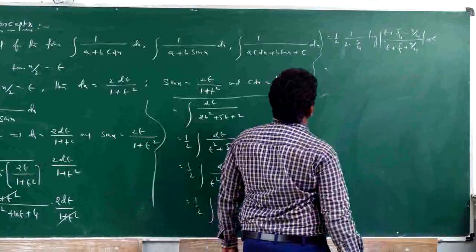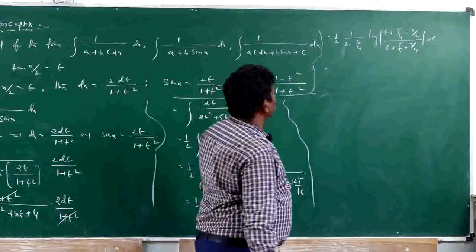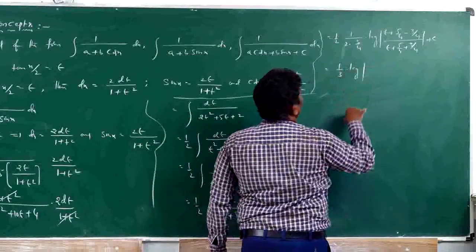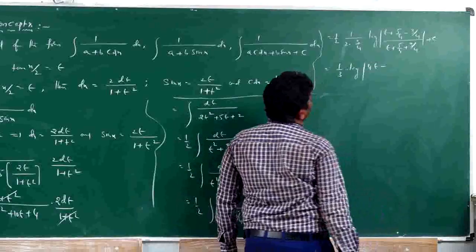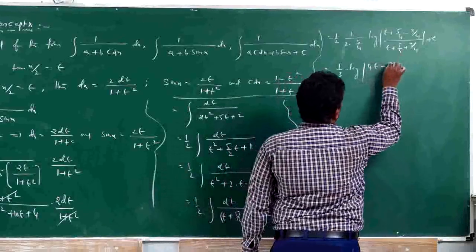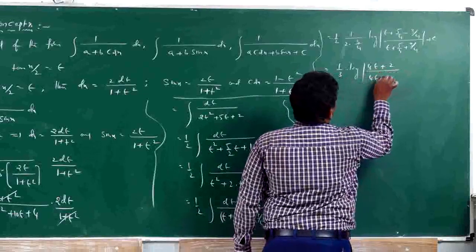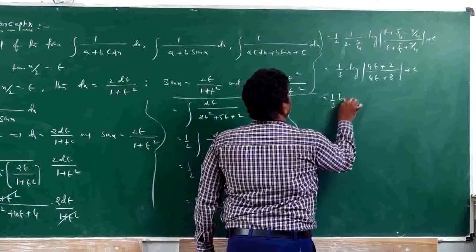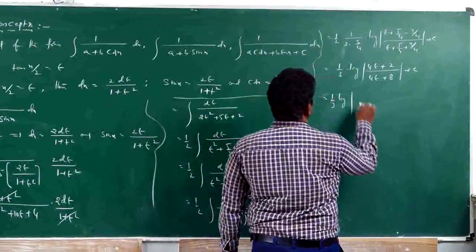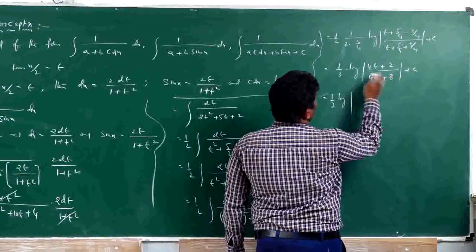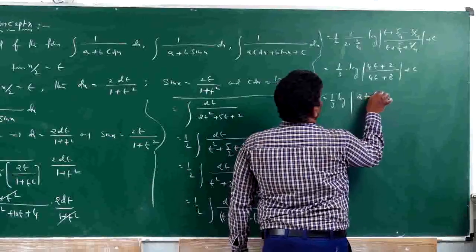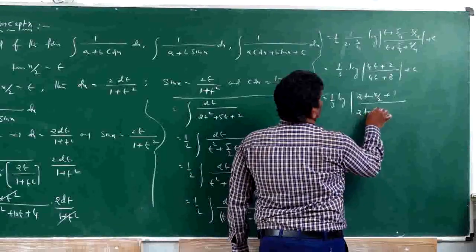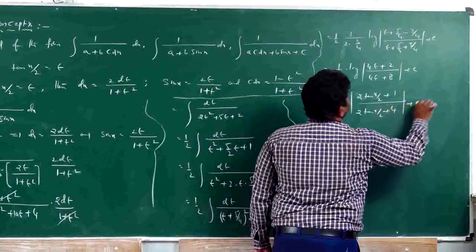That is 1 by 3 into log of (4t plus 5 minus 3) by (4t plus 5 plus 3), that is (4t plus 2) by (4t plus 8) plus c. The final answer is 1 by 3 log of (2 tan x by 2 plus 1) by (2 tan x by 2 plus 4) plus c, where t is equal to tan x by 2.